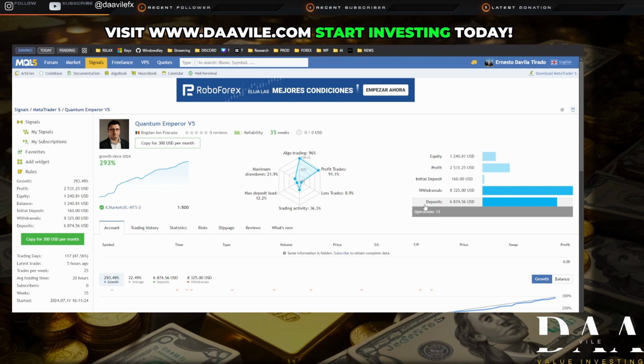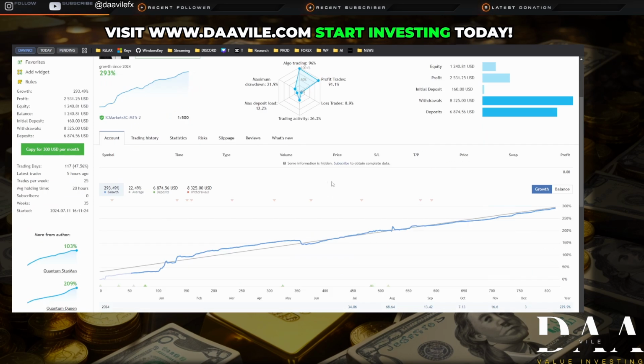So look at this. How many deposits does this person have? This is not rebates, this is deposit load, and it's not even counting the deposit load as a total. The initial deposit was $160, and we have a total of deposits of this big amount with only a 293% return, and the return is based on this, not on the deposit.